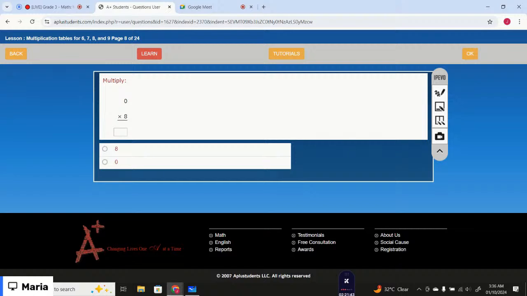Multiply 0 times 8, which is the correct option. That is 8 times 0 is 0.